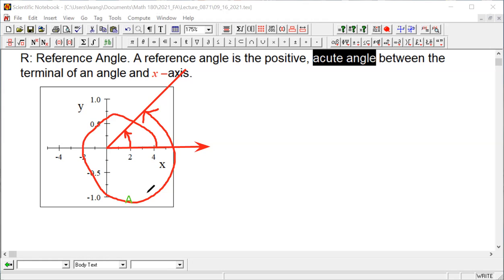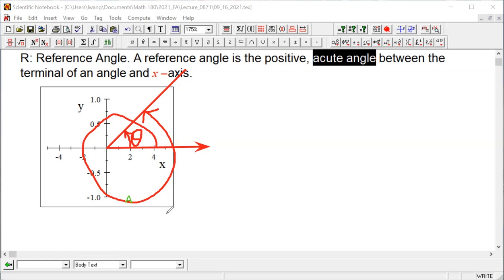It has to be measured from the x-axis to the terminal, and it's the acute one. So this is the reference angle. If I call the reference angle theta, this time theta and A are different. You guys follow me? Yes?